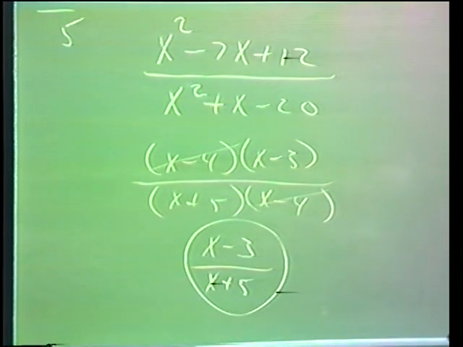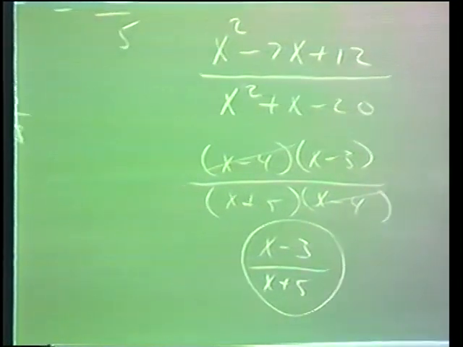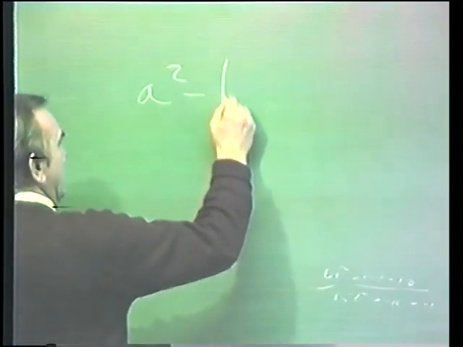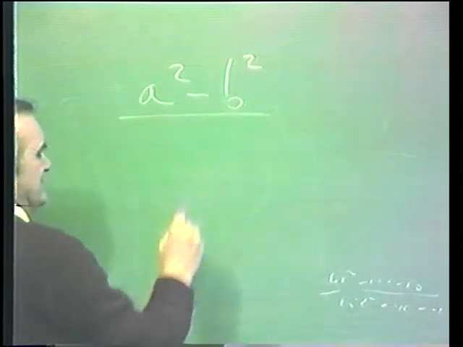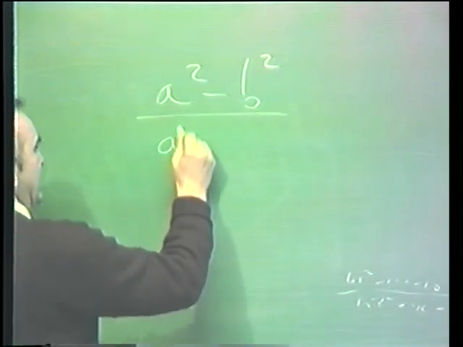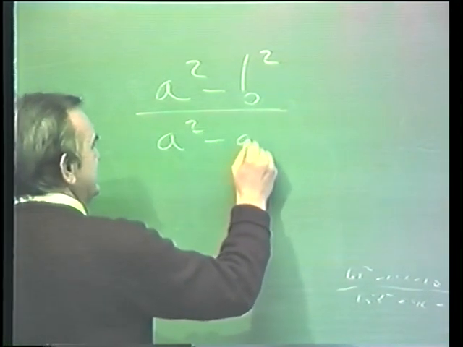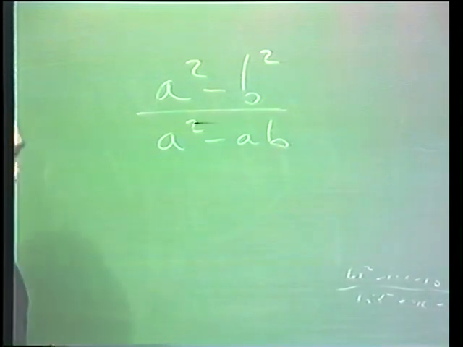I'd like to give you another problem. Let's take a look at this one. Nice, easy one, I think. Let's suppose we have a squared minus b squared over a squared minus ab.